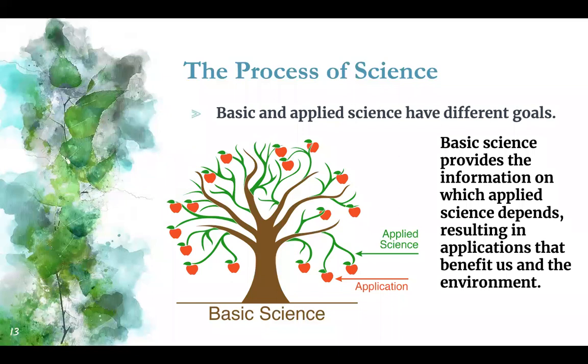But applied science takes that information about DNA and develops ways to alter genes that cause diseases, right? That is applied science. You're taking the information about DNA, you're altering people's genetic information so that they do not suffer from genetic diseases. So that is the interaction between basic and applied science.